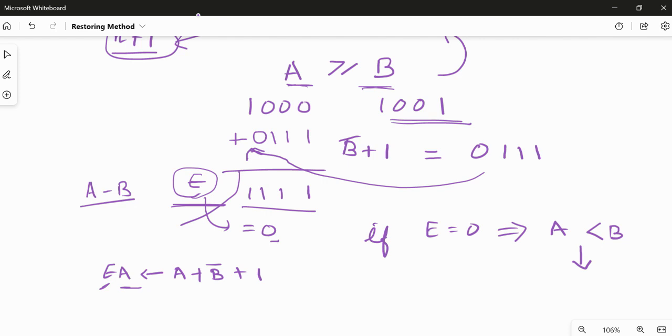So if you want to proceed with the actual algorithm, first you have to restore the original value of A. Due to subtraction, A is updated. If you perform addition, the effect of the subtraction can be nullified. So here, to restore A, what operation do you need to perform? Addition of A and B.